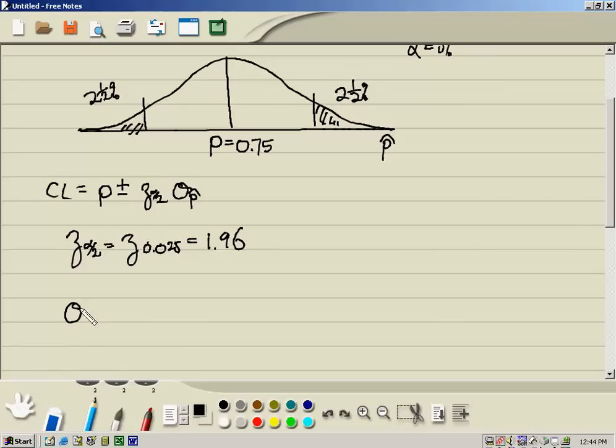Next we need the standard deviation, sigma sub p-hat: the square root of p times q, or 1 minus p, divided by n.